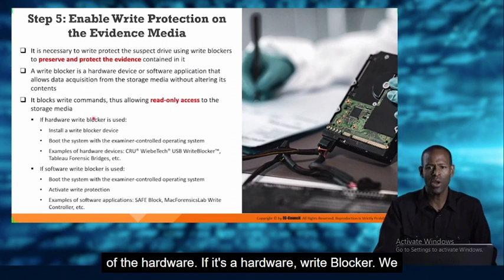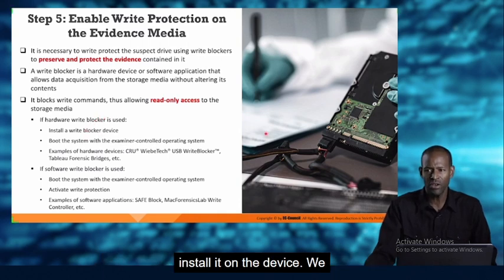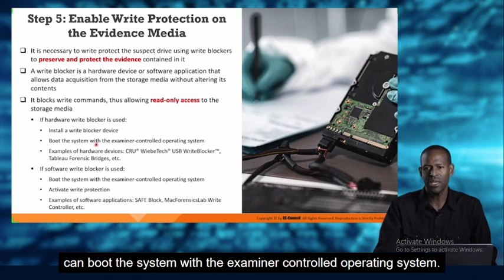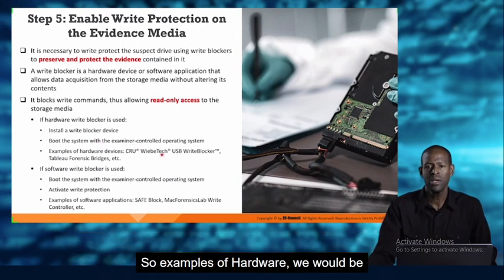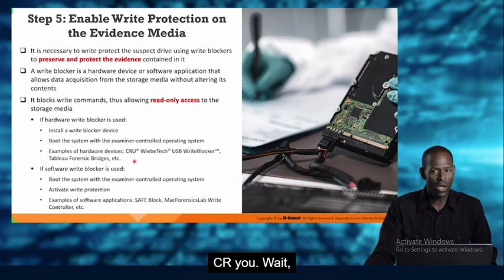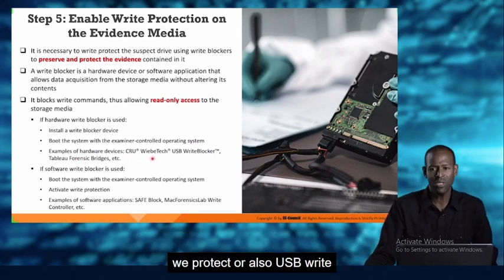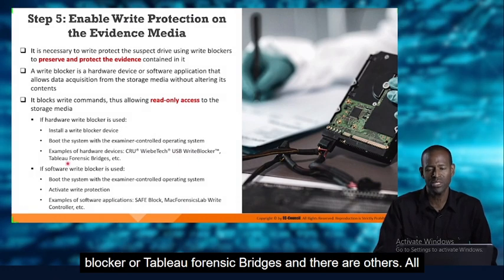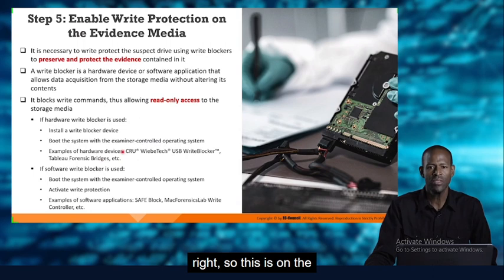So if it's a hardware write blocker, we install it on the device. We can boot the system with the examiner-controlled operating system. So examples of hardware would be CRU, WeProtect, or also USB write blocker or Tableau forensic bridges. And there are others, right? So this is on the hardware side.